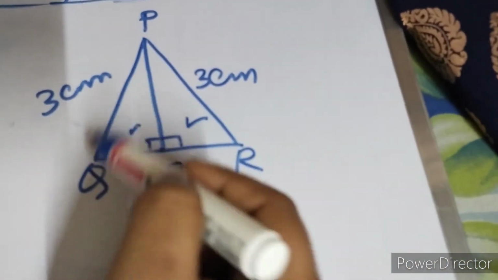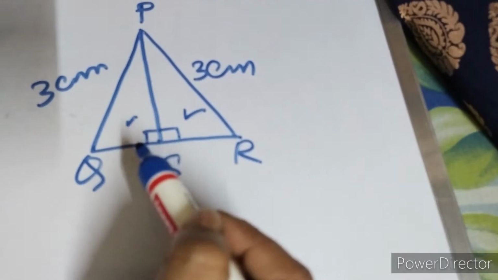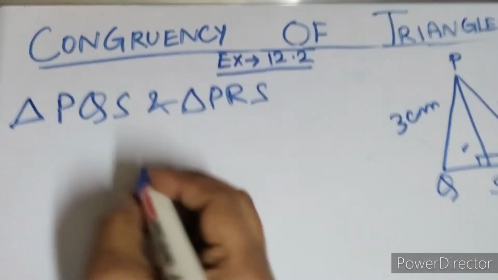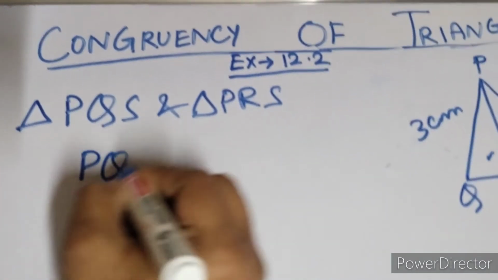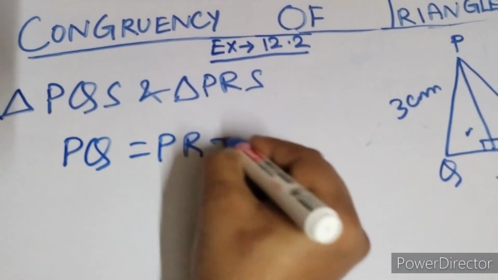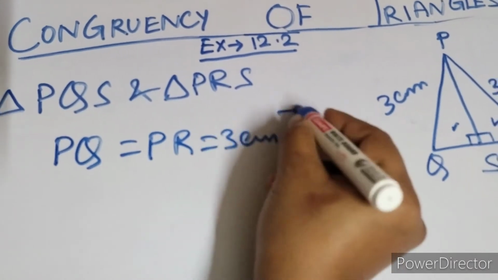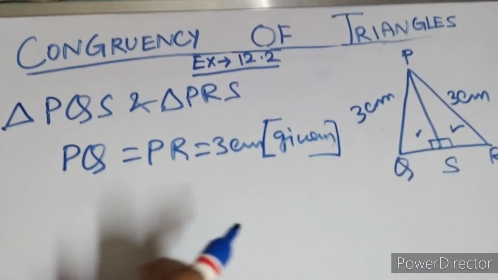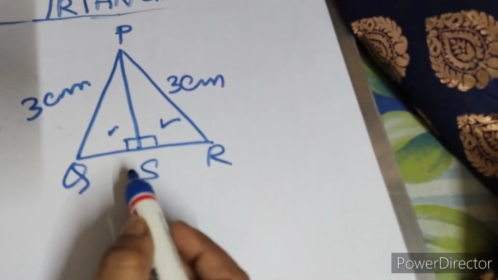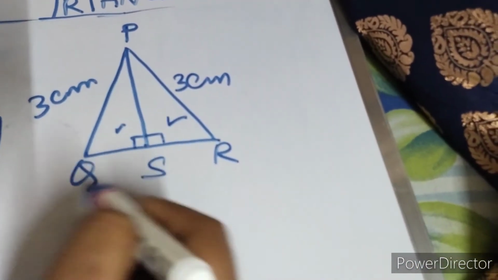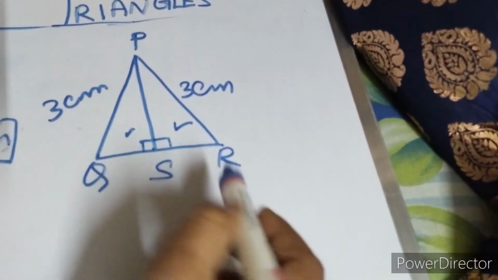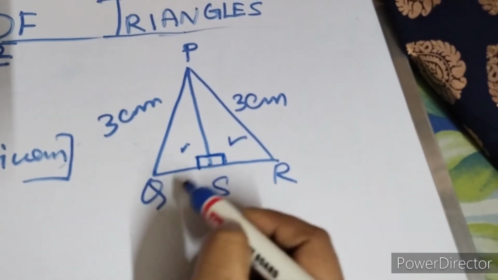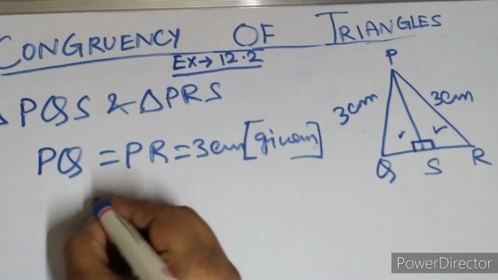See, in PQS and PRS, these two triangles, it is given only PQ equal to PR. So we write it here, PQ equal to PR equal to 3 centimeter, given. Then angle PSQ equal to angle PSR. Both are 90 degree.